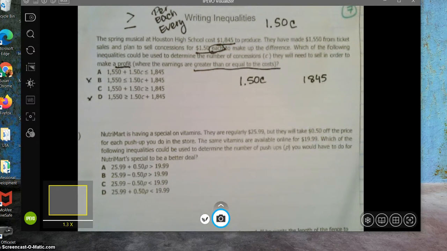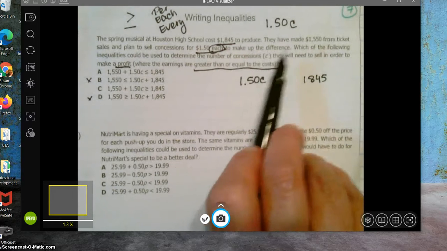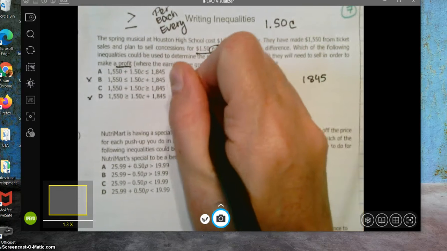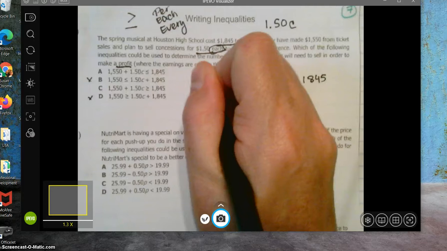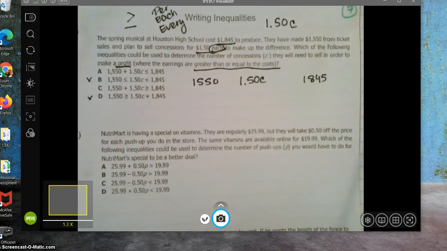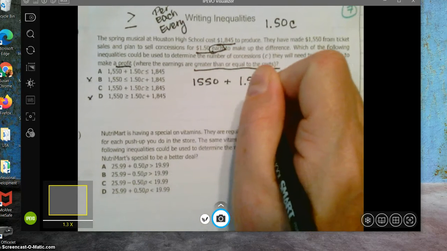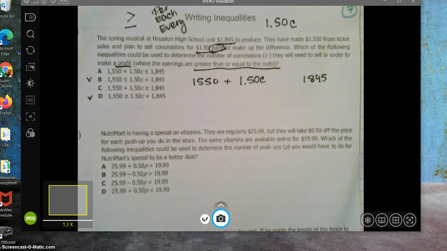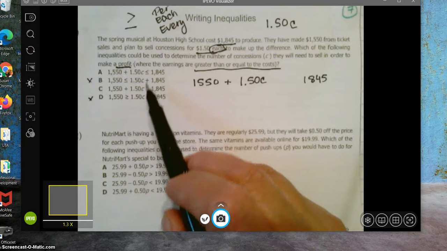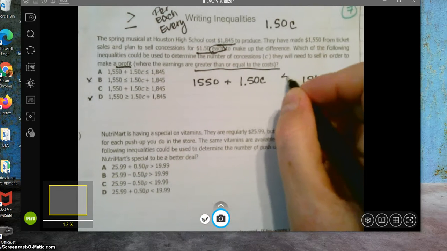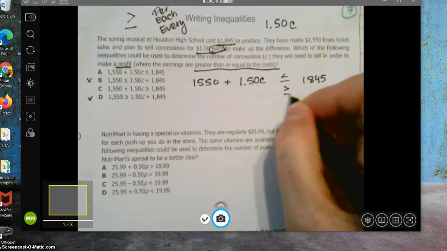So that's one thing I'm pretty sure about, okay? So it says they already made $1,550, okay? So basically they already have made this much money, then they are going to make $1.50 more per concession, okay? So right here we have to figure out if it's less than or equal to or greater than or equal to.